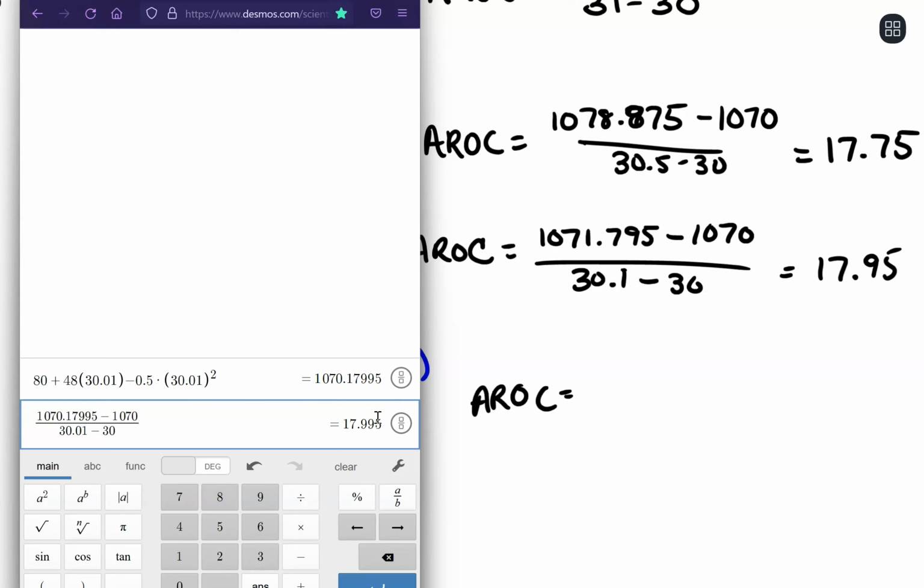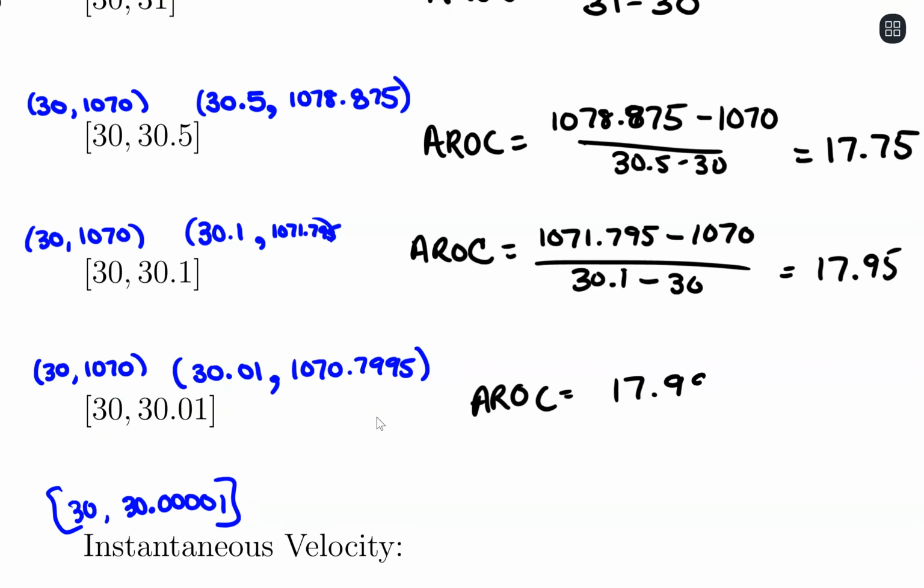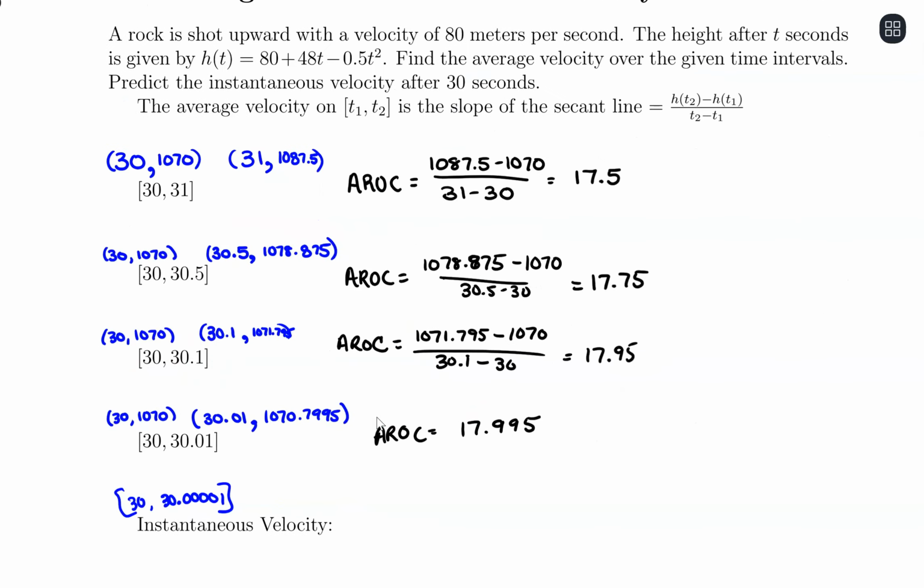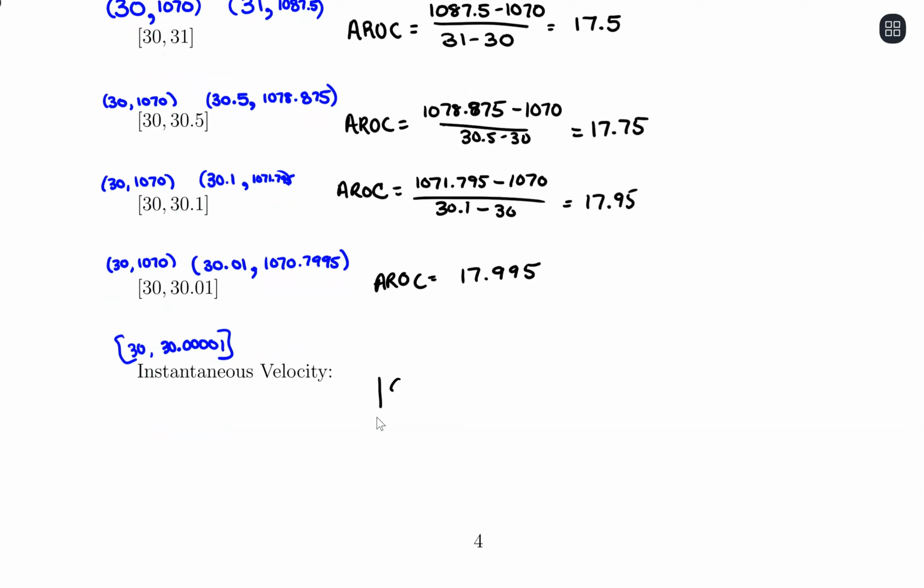Now my average rate of change is 17.995. So what I'm seeing here is as these points get closer and closer together, this average rate of change is getting so close to 18. I think we would have an instantaneous velocity of 18, because that's what our average rate of change is approaching as those x values get closer and closer together.